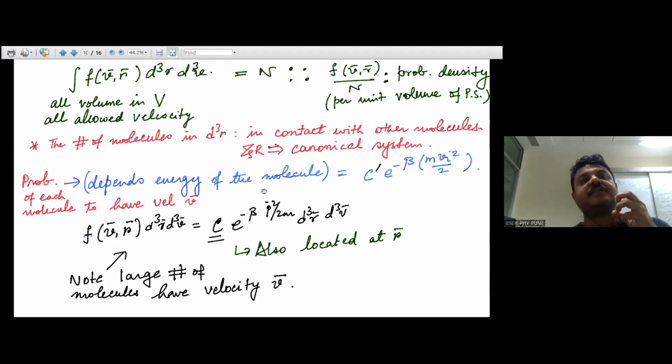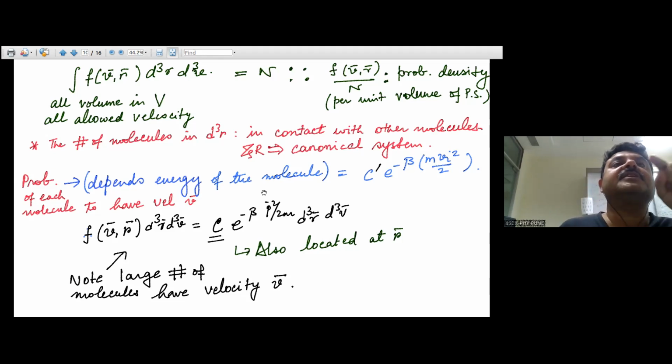It's basically like a small system in contact with the reservoir within the volume d3r, right?